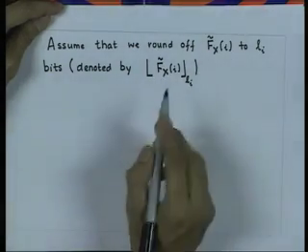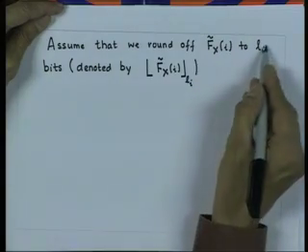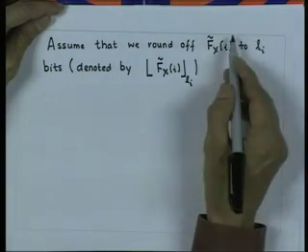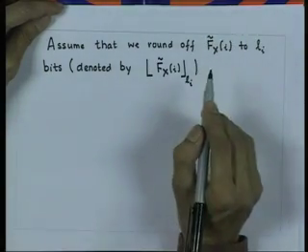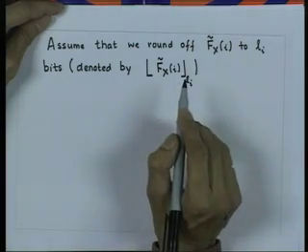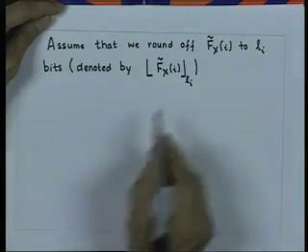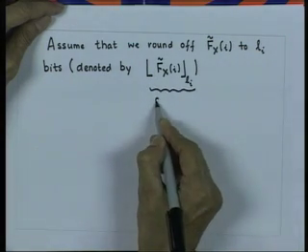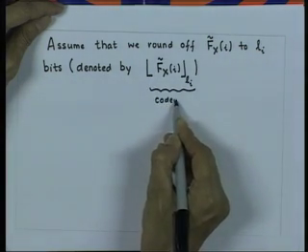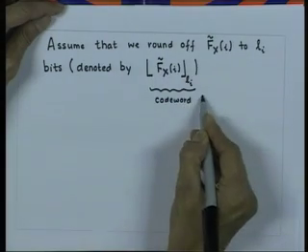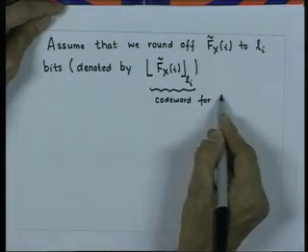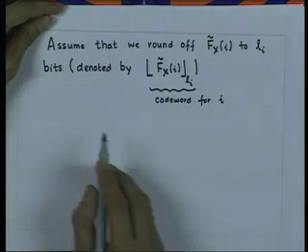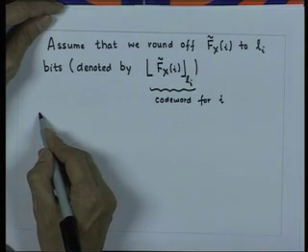What it means is that we use the first Li bits of f tilde as a code word for I. So this will be acting as a code word for I.